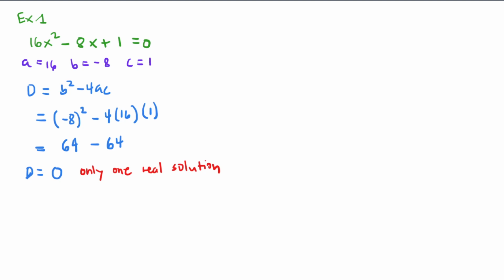So let's have example number 2. Let's have x squared plus 2x plus 3 that is equal to 0. So again, let us first determine the values for our a, b, and c.